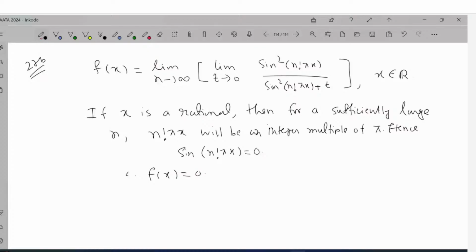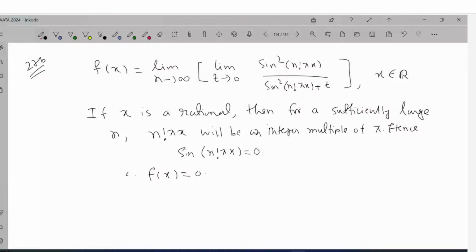When we apply limit t tends to 0, then only we get one. You cannot cancel if sine square is 0, because 0 by 0 is not equal to 1.